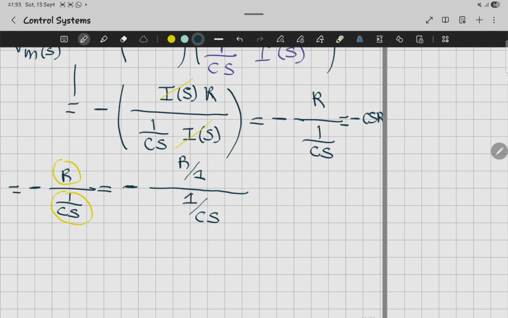So a fraction over another fraction is the first fraction times the inverse of the second fraction. These are the rules for fractions. It's going to be CS, then we're going to have 1 there. So we're going to flip this, to reverse it.